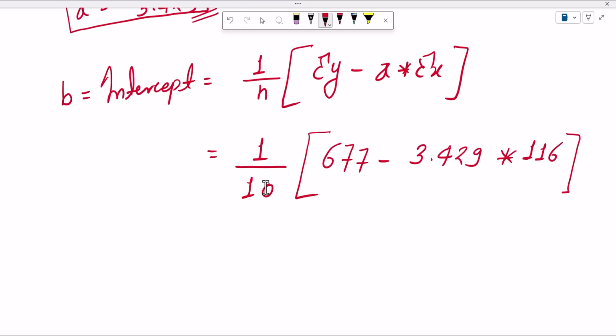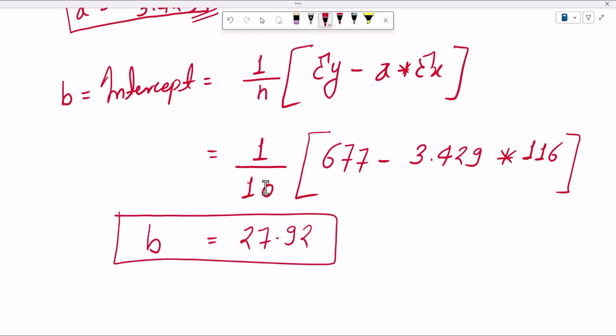If you calculate this part, you will get the value of b. Here I got 27.92, so b, the intercept, equals 27.92.